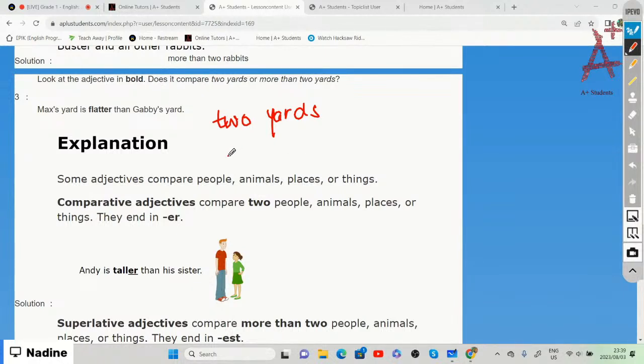So we call this a comparative. This is a comparative adjective, 2 yards being compared. Flatter is our adjective that compares. It compares Max's yard to Gabby's yard and also ends in er.